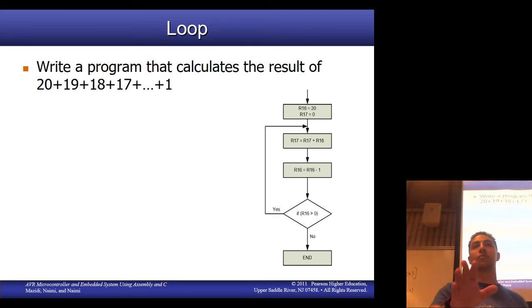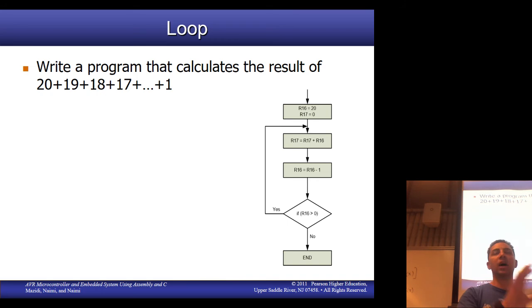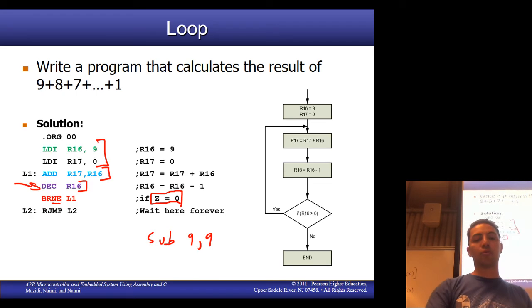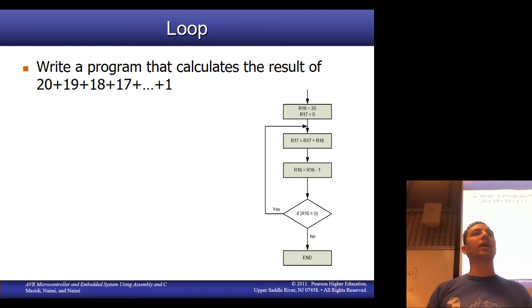So, you've got the code for writing 9 to 1. How would you modify that code to make it go 20 to 1? Give it a minute. Somebody else, when you think of it. What would you have to change about the previous code to make it work for 20?